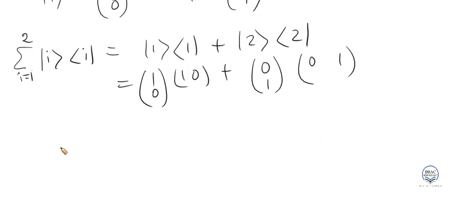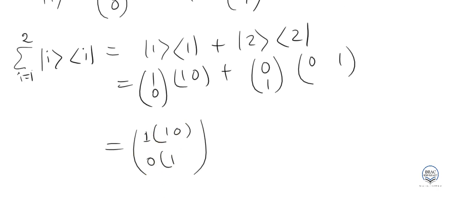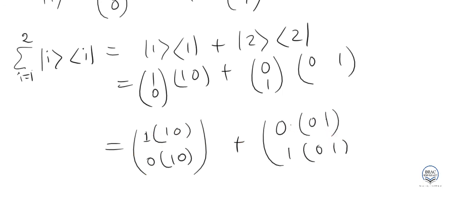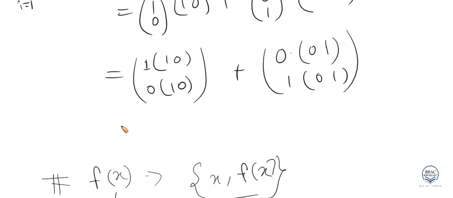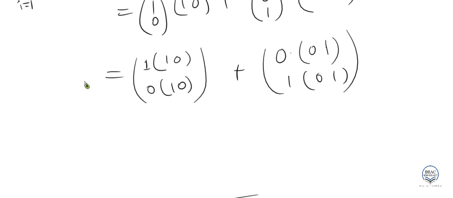And to do an outer product, what do we do? We keep this column and we multiply this whole row with each of the elements, right? So this is how we write it, and the resulting thing should be a matrix. Then we just multiply.